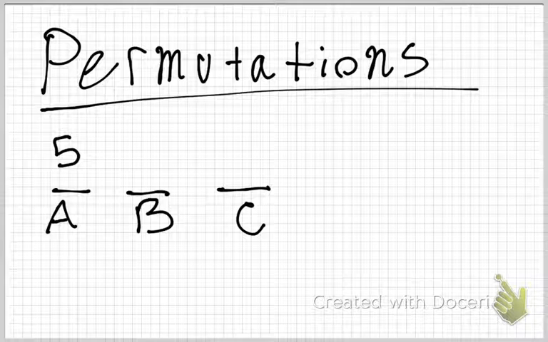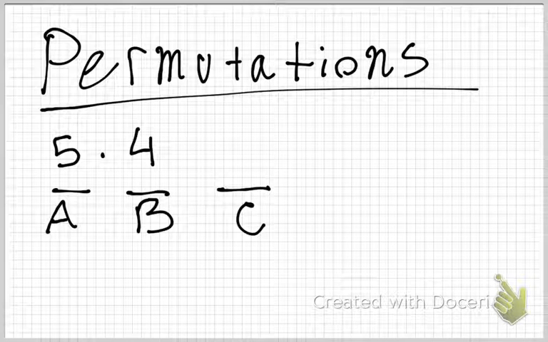Okay. Now we chose one for seat A. And now how many siblings does that leave us? That leaves us with 4 siblings. So now we've chosen who sits in seat A, and we've chosen who sits in seat B. Now how many are left to sit in seat C?